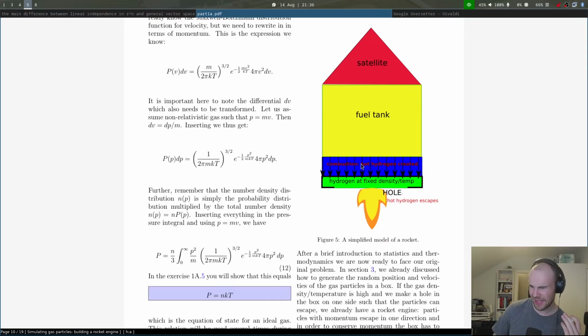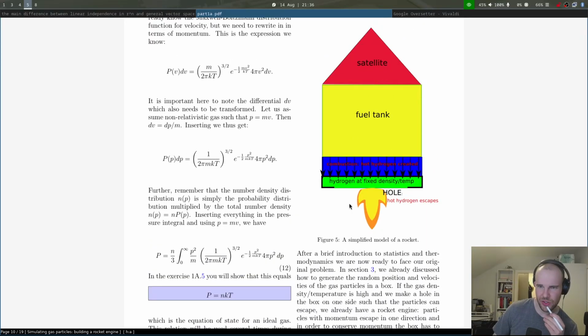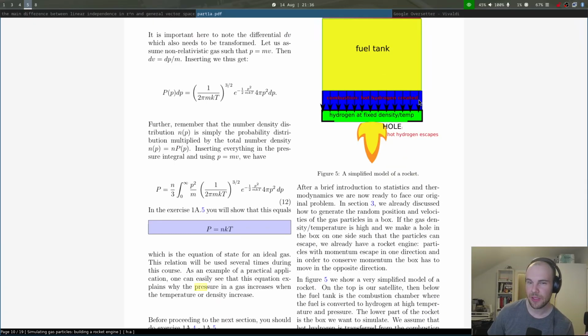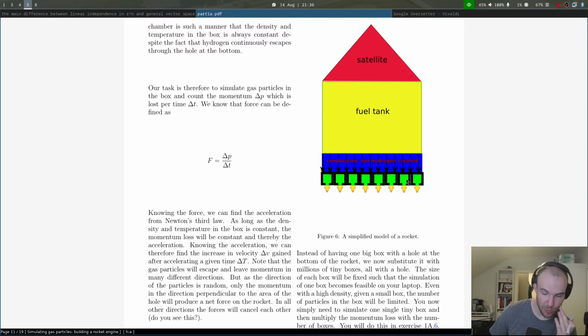And the next here, I don't think we need to speak too much about this. They just explain what I just said. And of course, we will have millions of particles. They are hard to simulate. So instead of simulating this whole combustion chamber, we just split it into smaller boxes, right? It's still the same.